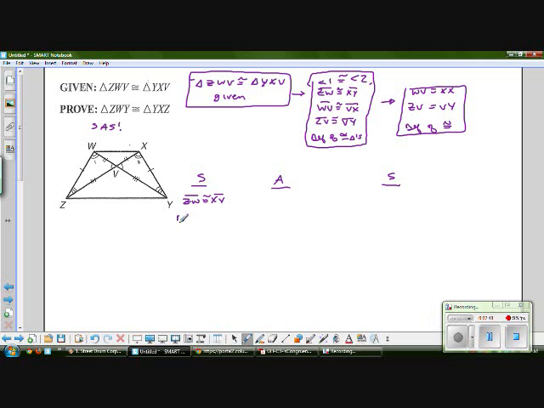Definition being that all corresponding parts of congruent triangles are congruent. CPCTC. I don't personally like that, but that's what that abbreviation means. The angle in question would be angle 1 and angle 2. And again, we'd have to quote definition of congruent triangles, or corresponding parts of congruent triangles are congruent.